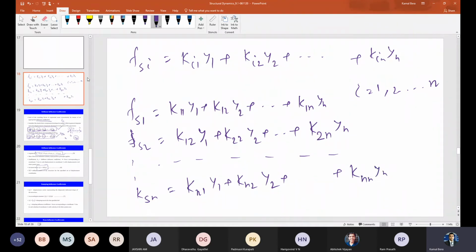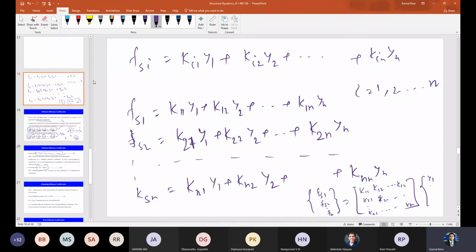Clear? Now I can write it in matrix form. I can make a vector: FS1, FS2, and so on up to FSn equals the matrix K11, K12, K1n, then K21, K22, and finally Kn1 to Knn, multiplied by y1, y2.